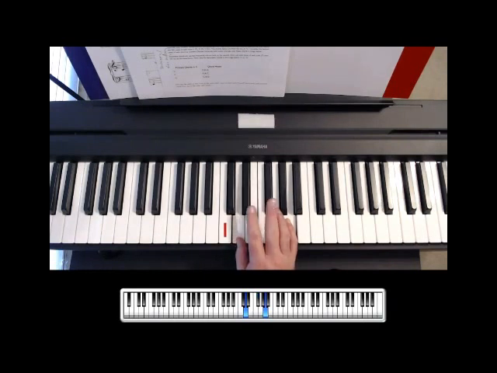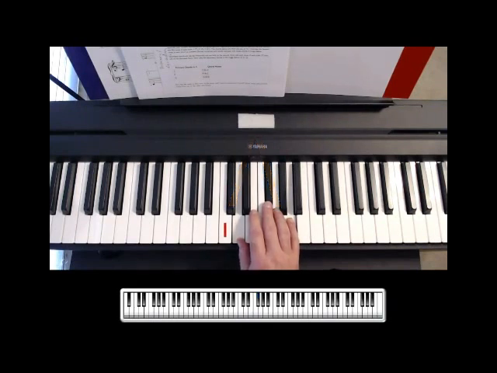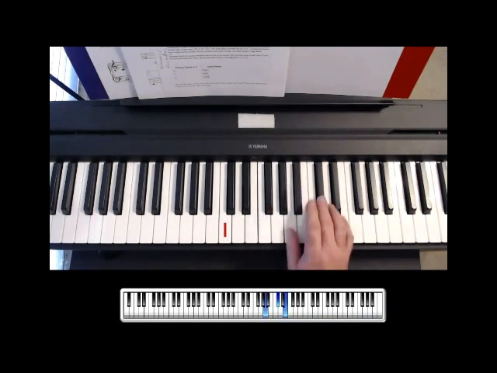D, F sharp, and A. You could call it a mountain maybe, but there's another one that I have as a mountain. So I call it an upside down V shape. Or sort of like half of a pyramid. So D is like that. One above it, E, is like that. E, G sharp, B.